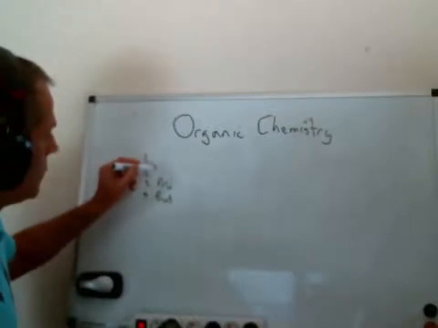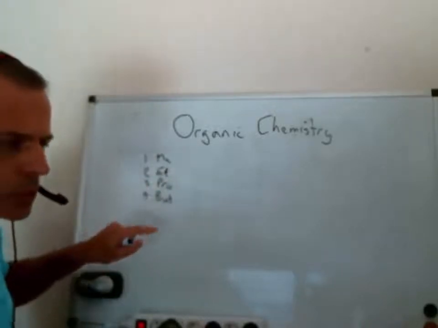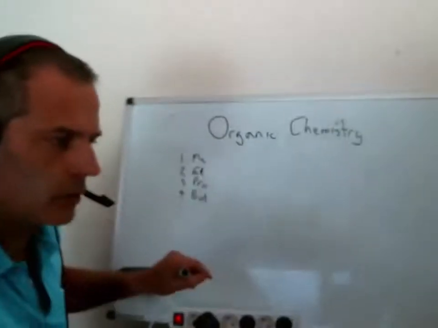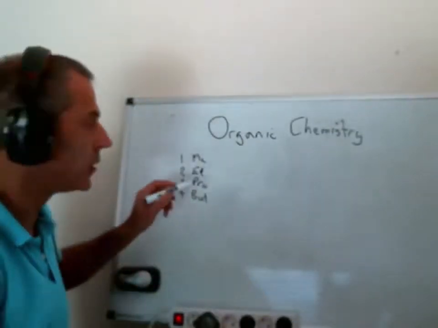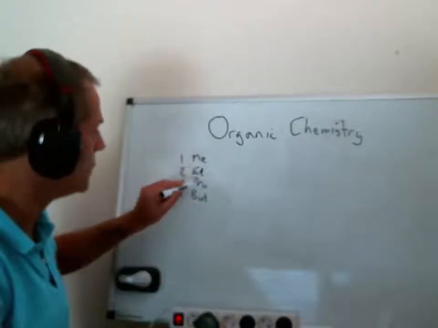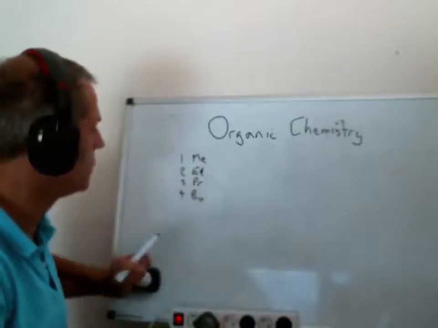Propane, ethane, and methane. Often in organic chemistry, they're not in focus, weirdly. Often in organic chemistry, it's shortened to Me, Et, Pr, and Bu.